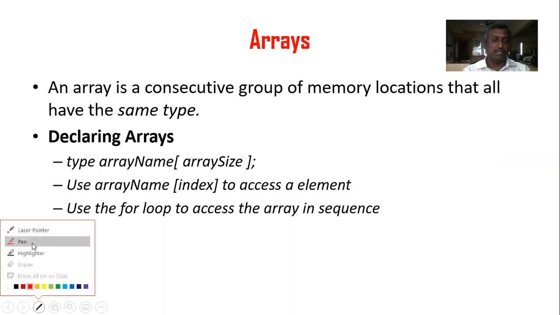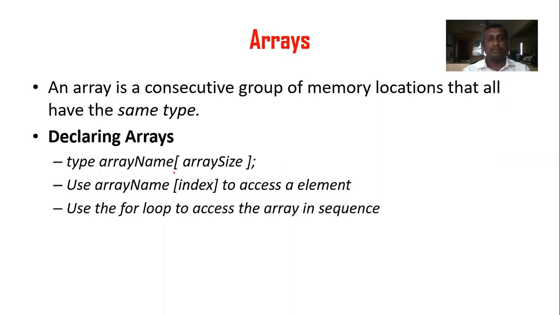If we know the array size, we can specify it. Otherwise, we can leave it blank. The array name is a user defined name, and that will be used as the array.